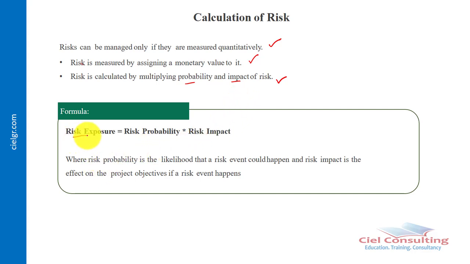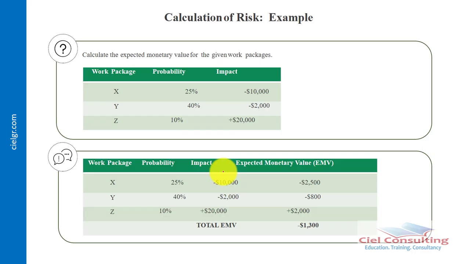So our risk exposure, which is RE, is our risk probability multiplied by the risk impact. Risk probability is the likelihood that the risk or event could happen, and the risk impact is the effect on the project objectives if a risk event eventually happens. Let's take a look at this example to further illustrate our point.